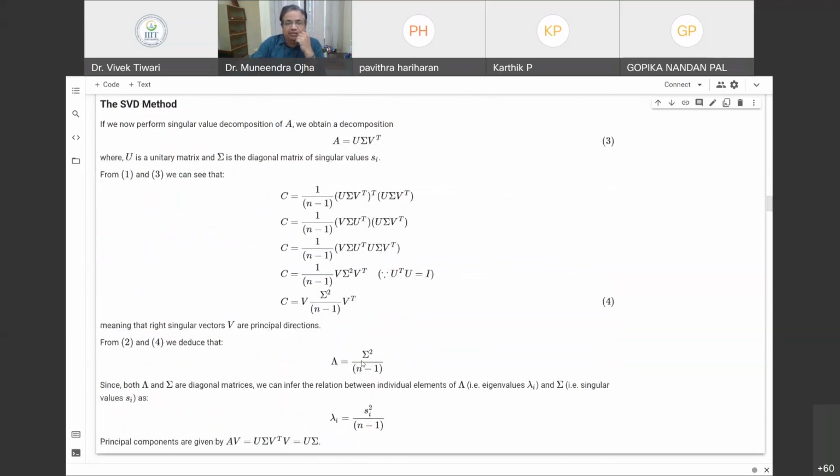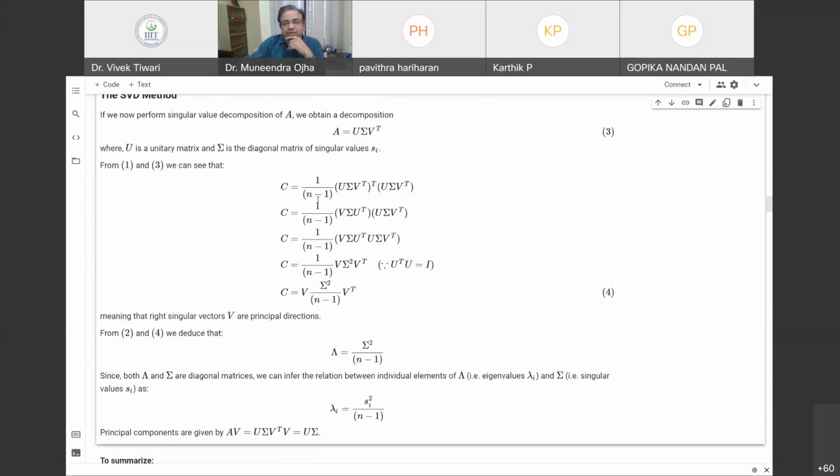So let's see what happens. When I do that, 1 by n minus 1 is taken common, then A transpose A is substituted by U sigma V transpose, transposed, and U sigma V transpose. When we take the transpose of U sigma V transpose, it becomes V sigma U transpose, and the other term remains the same.